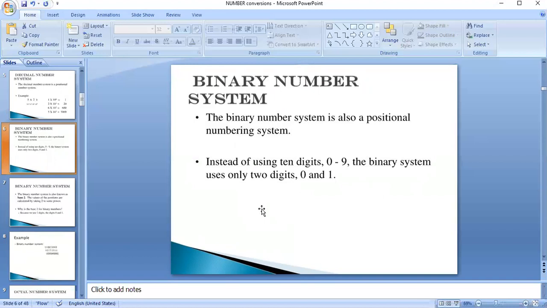The binary number system is also a positional numbering system. Binary means it contains only 0 and 1. In the decimal number system, we have 0 to 9, totally 10 digits, but in the binary number system, we have only 2 digits, 0 and 1.